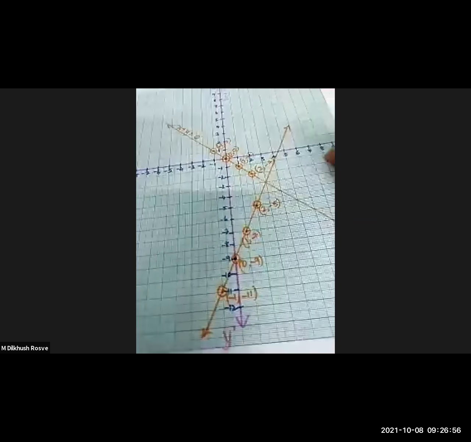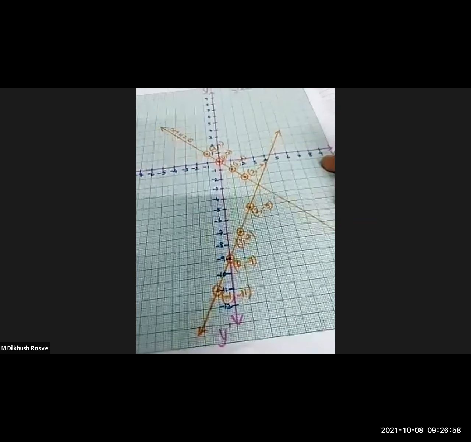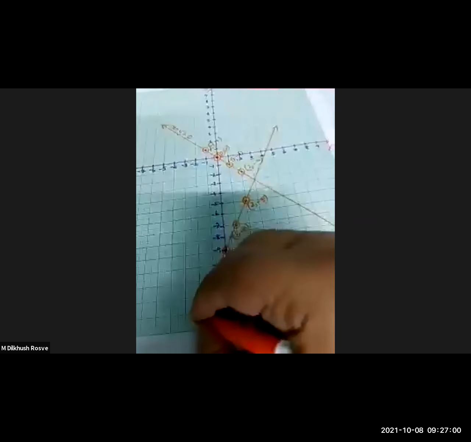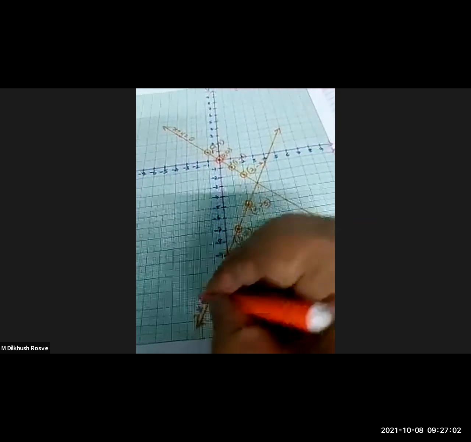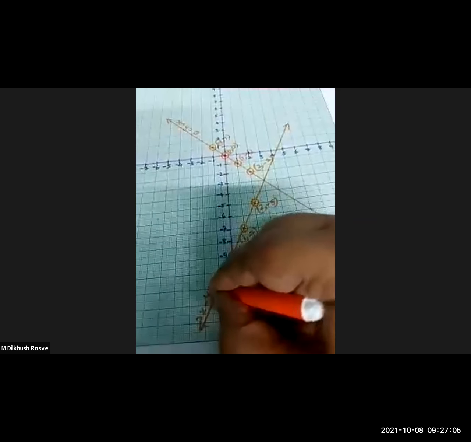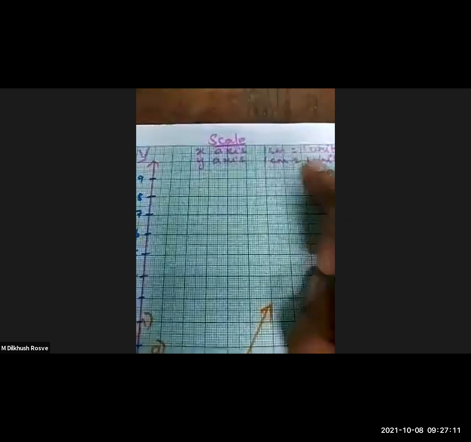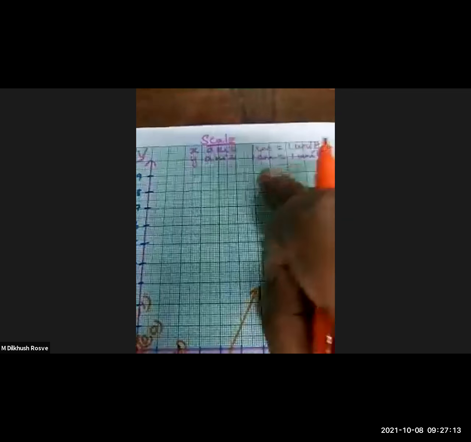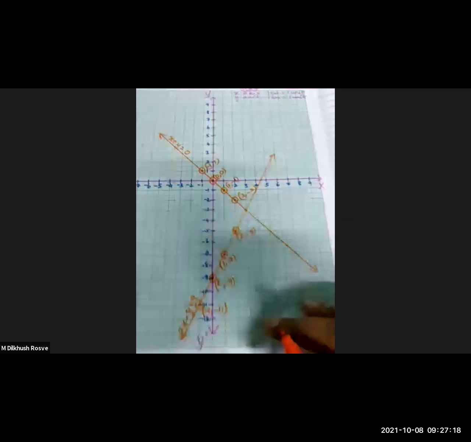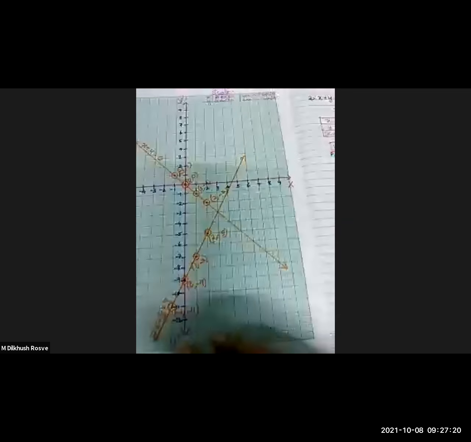See, I have joined these points, children. And I have written this equation, no? So 2x minus y equal to 9. So everything is over. I have written the scale, x-axis 1 centimeter equal to 1 unit, y-axis 1 centimeter equal to 1 unit. All the axes, everything I have written, and I have drawn these 2 lines also.